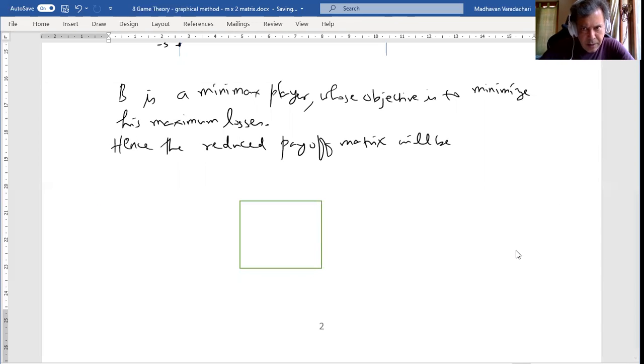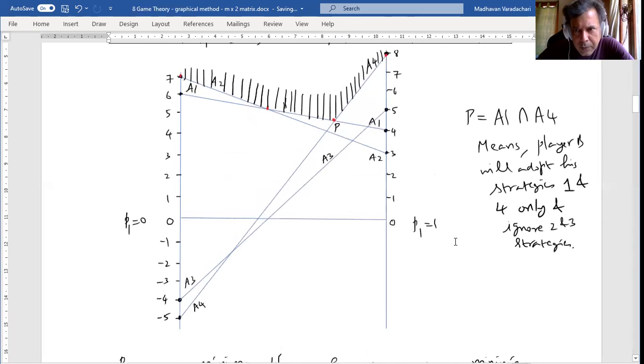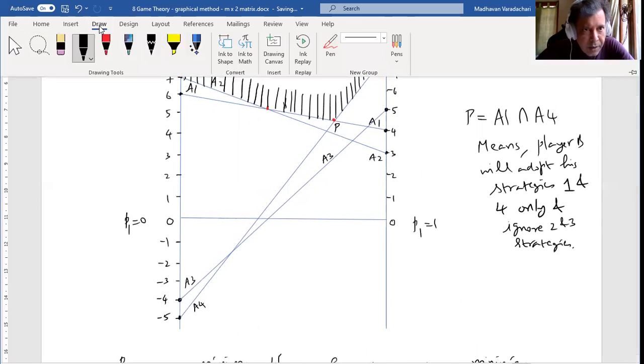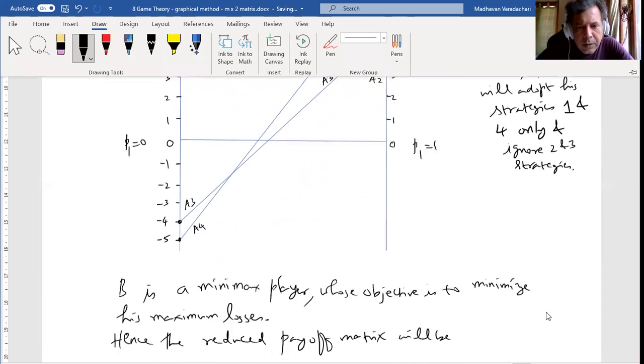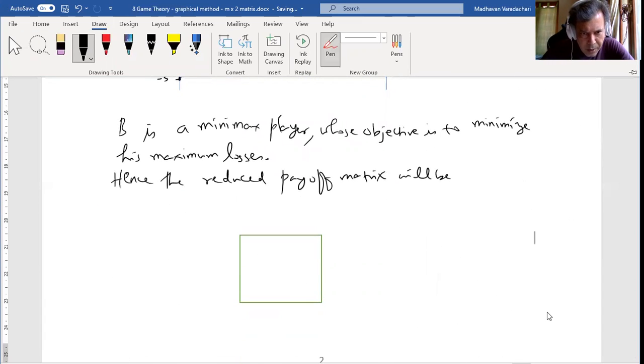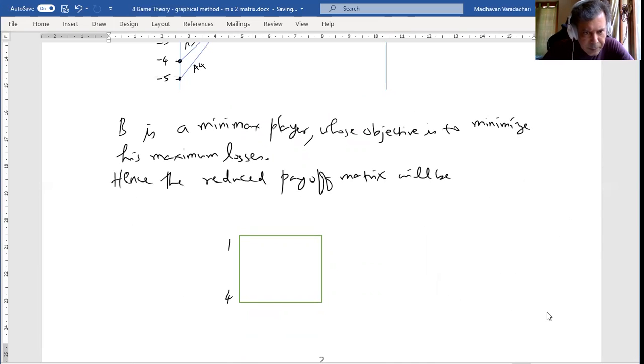For player A, sorry, I wrote it as player B, it should be player A. Now player A is going to adopt only his first and fourth strategy. Inside the payoffs are 4, 6, and here it is 8, minus 5. Since it is a 2 by 2 matrix, we can go for the oddment algorithm.